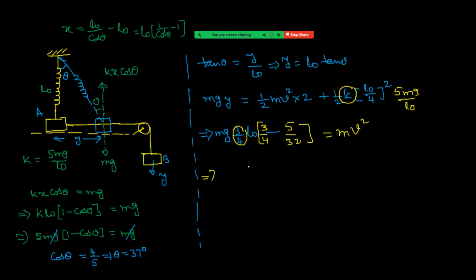Now see that calculation, how much we get. v value, m and m get cancelled. v value is root of 19 g L naught upon 30. Cross check the calculation once: 19 g L naught upon 30. Now substitute values in this.